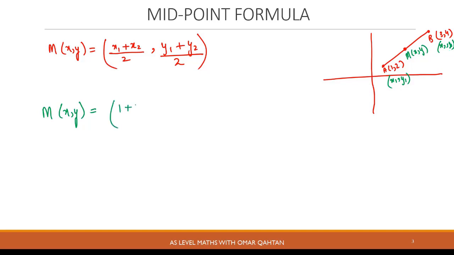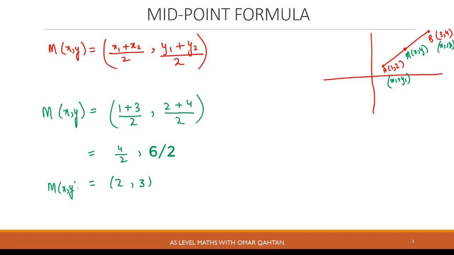So we have (1 plus 3) upon 2, comma (2 plus 4) upon 2, and this will give us 4 upon 2, comma 6 upon 2, which equals (2, 3). So that's how we find the midpoint of any line or in between the coordinates. So M is the midpoint of the line AB.